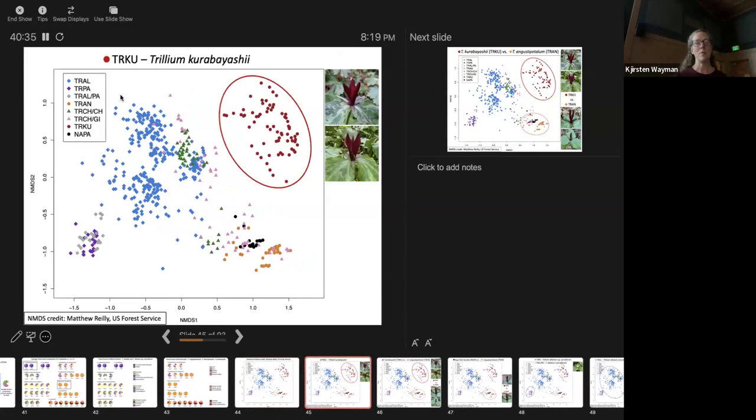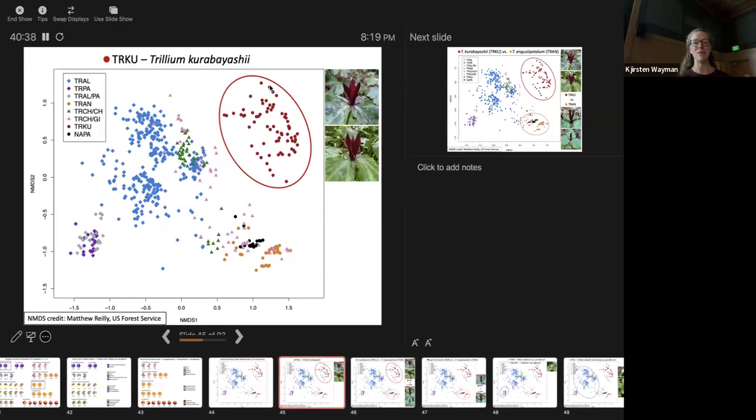I first want to point out the low-hanging fruit here. Trillium kirbyashii looks pretty distinct from the rest, right? It's clustered together. We can separate it from all the rest of the samples here. And when you look at these plots, what you want to think about is that these analyses are based on the 92 different compounds in the floral scent, their relatedness to one another, and the amount or percentage of each of those compounds in the floral scent of each of these individuals.